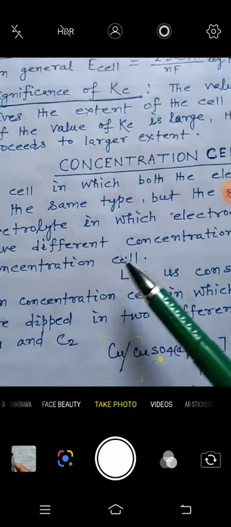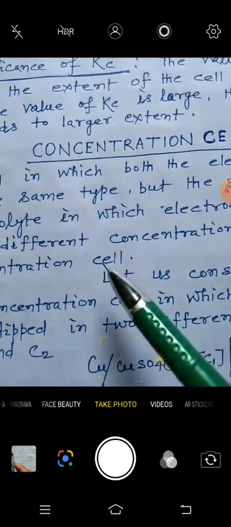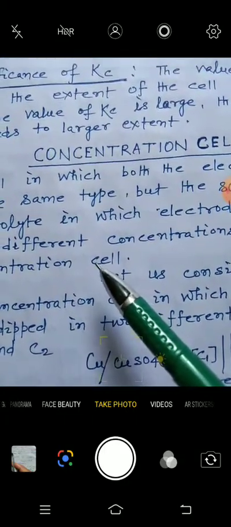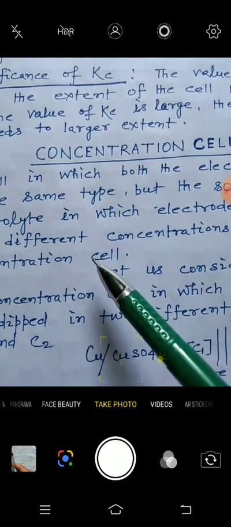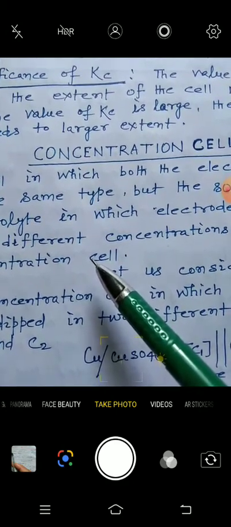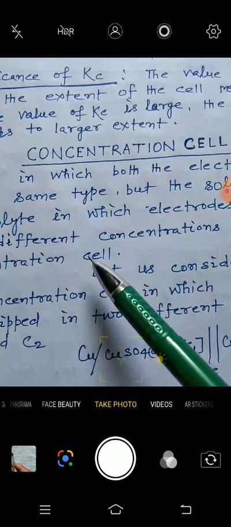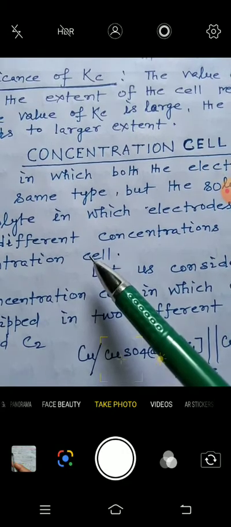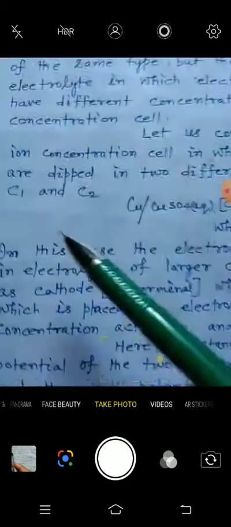Means for both the single electrodes the same types of solutions are used, but their concentrations will be different. Means if copper sulfate is present in the anodic compartment, then copper sulfate will also be present in the cathodic compartment.